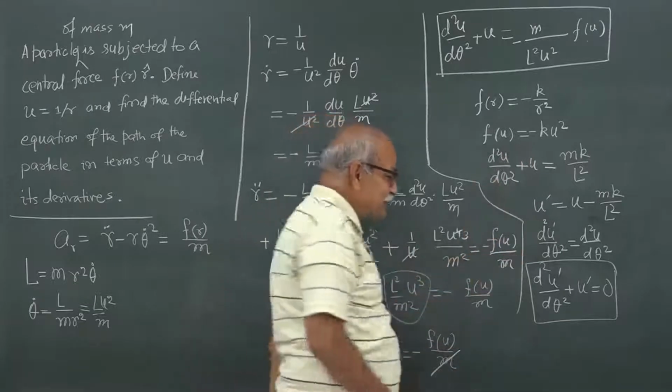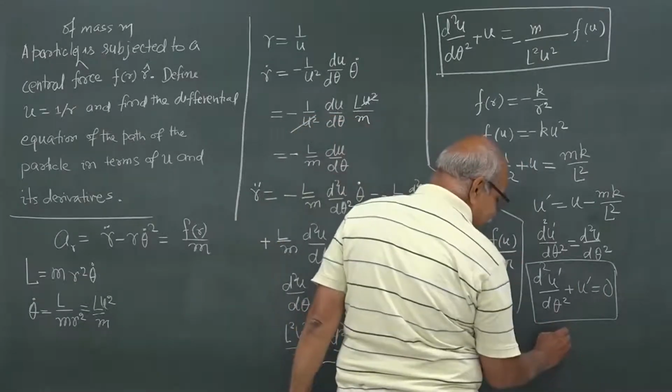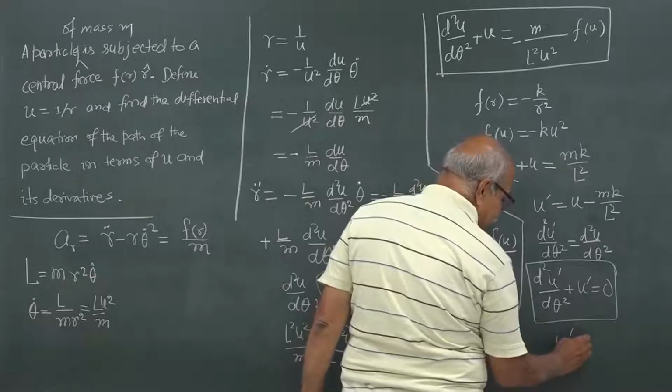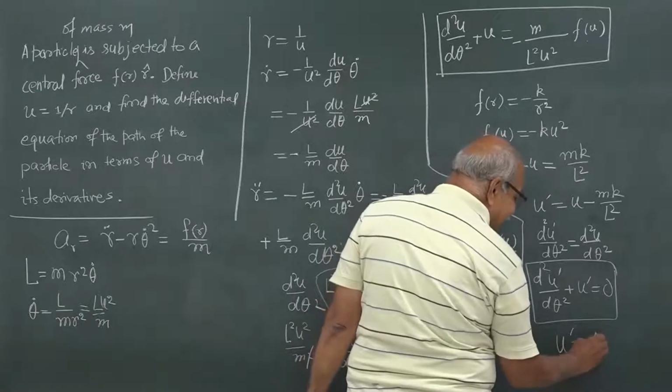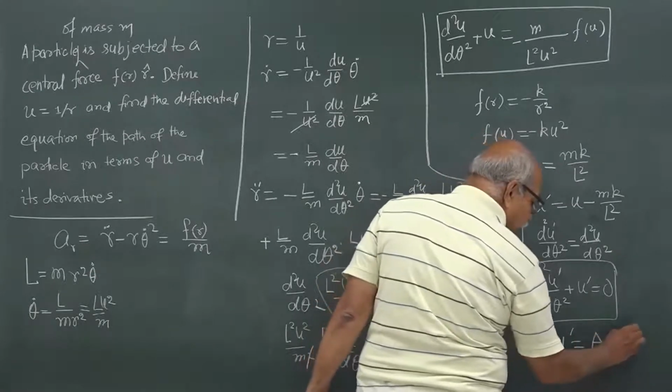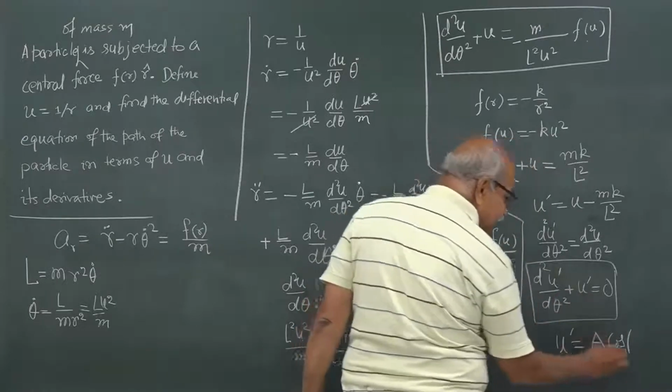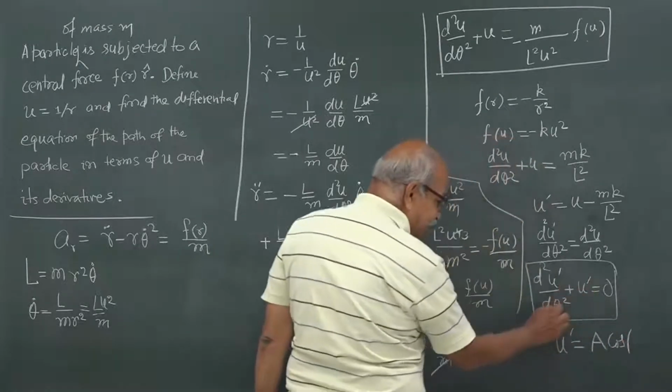So, you know the solution, and you can write the solution as u prime is equal to some constant a cos omega t, omega is 1 here. So, it will be not t here, theta here.